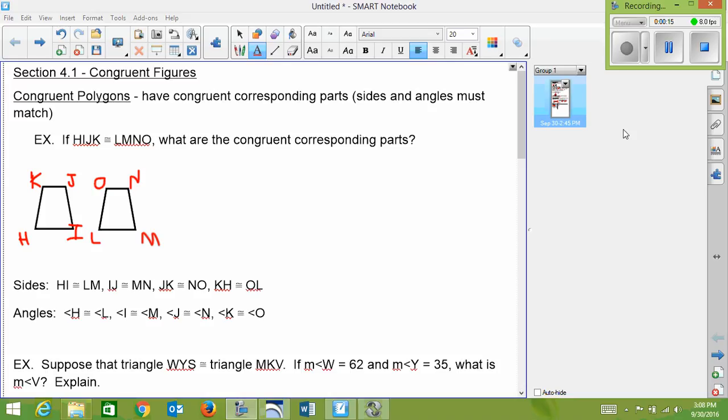So in my example here, if quadrilateral HIJK is congruent to LMNO, what are the congruent corresponding parts?